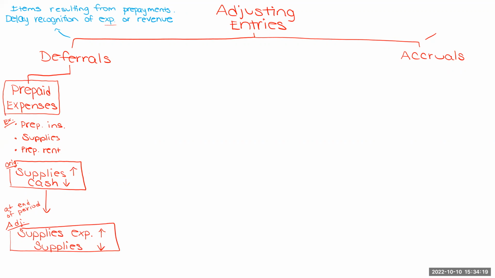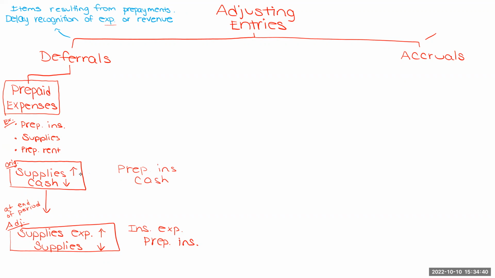It could also be done for insurance, right? Think of the original entry when you buy insurance. Prepaid insurance, cash. As you use up the insurance, you put it to insurance expense and decrease the asset, prepaid insurance. So all prepaid expenses, originally we increased an asset. Why did we do that?